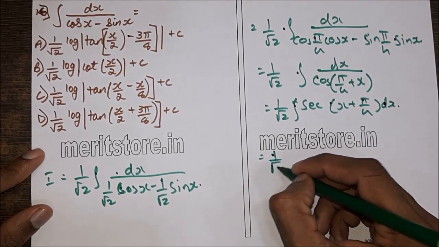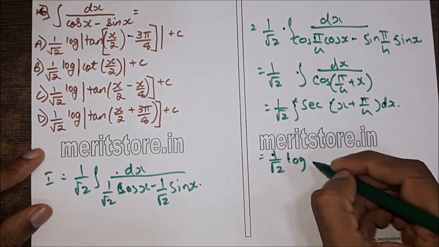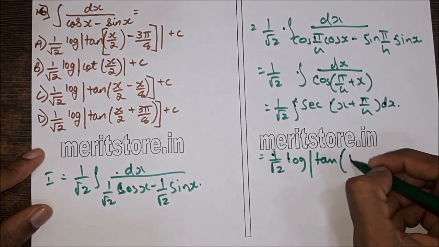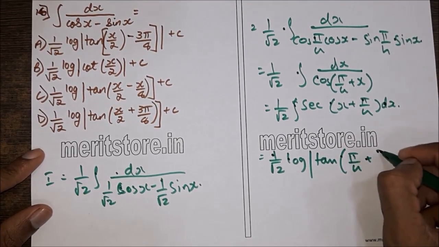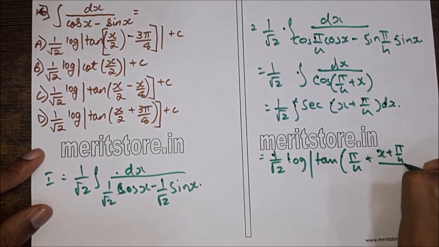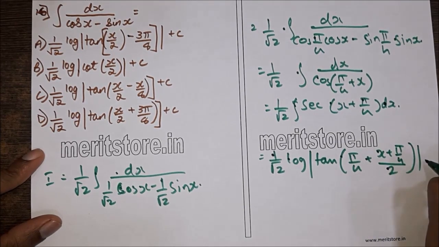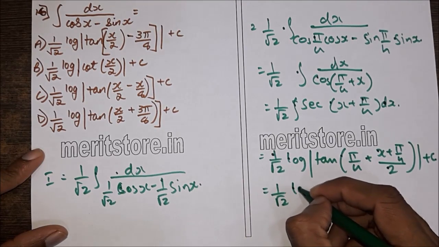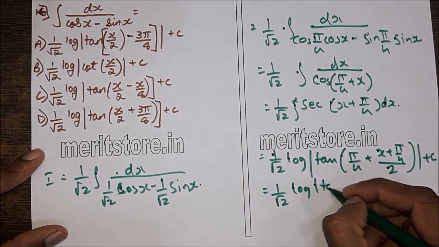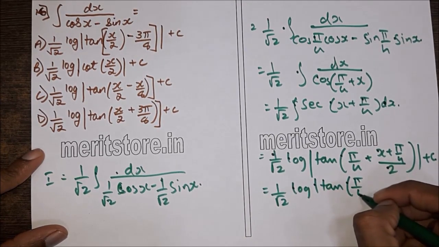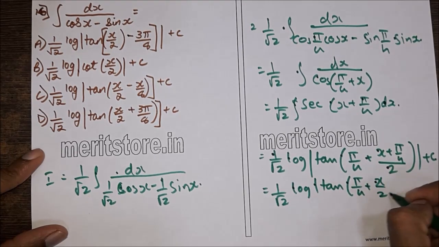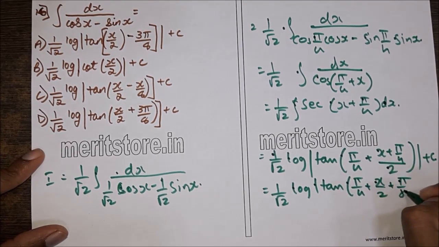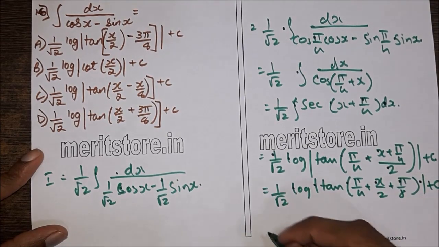We can write this as 1 by root 2 log mod tan (pi by 4 plus x plus pi by 4) upon 2, mod, plus c. Further, 1 by root 2 log mod tan (pi by 4 plus x by 2 plus pi by 8) plus c.